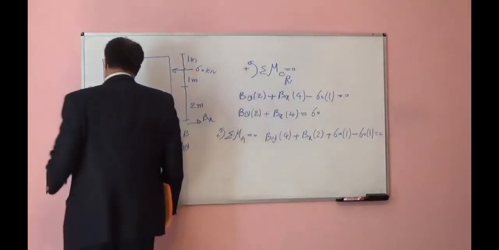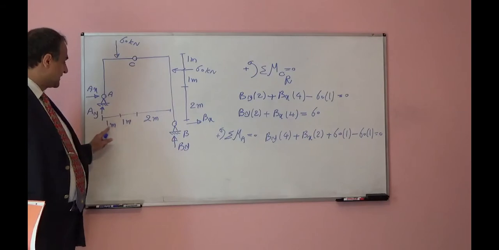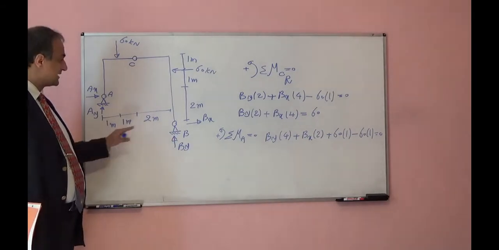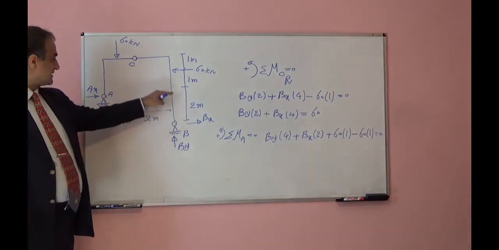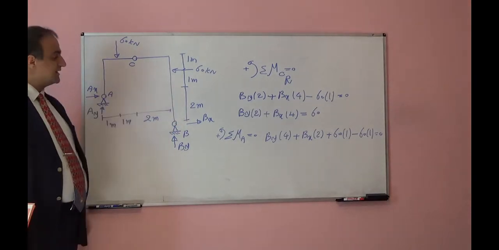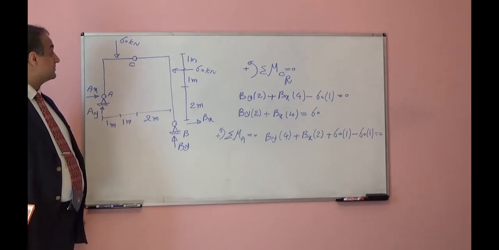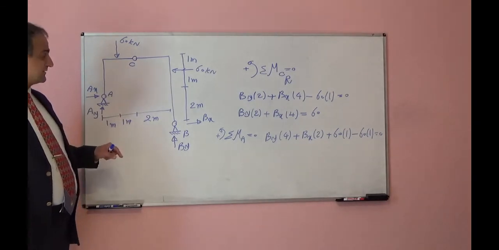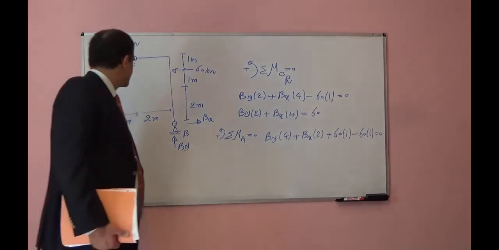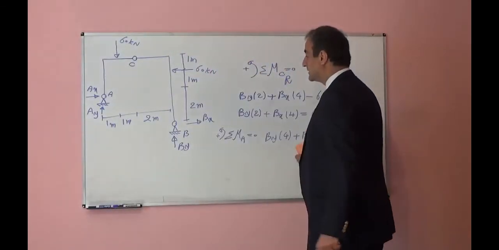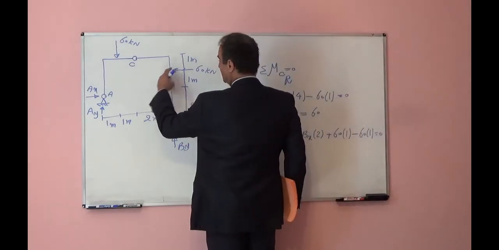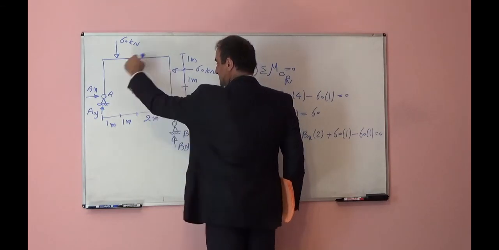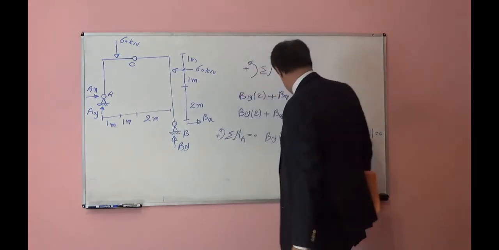By times 4 is counterclockwise, plus Bx times 2, the distance of Bx up to point A. Plus 60 times 1, because it wants to rotate this frame counterclockwise, positive.